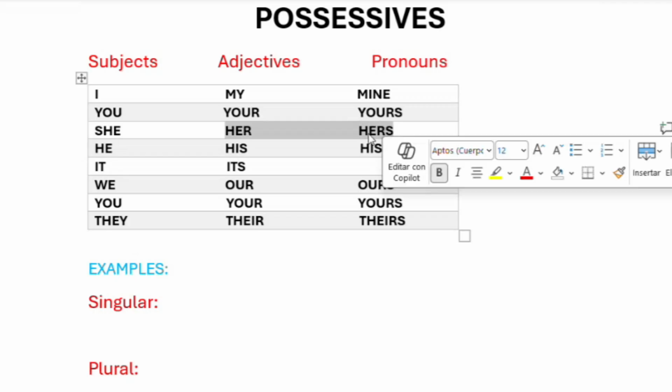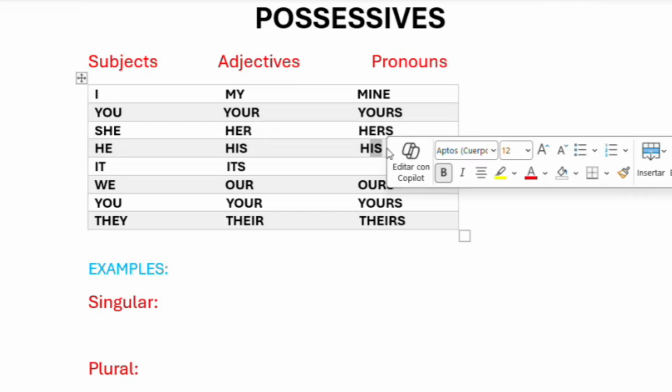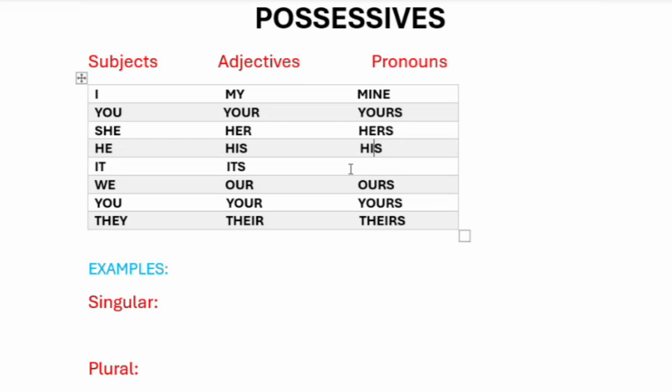And here we have hers. Something belongs to a woman or a girl. Again, use hers to avoid repeating the noun. In this case we have his. His, something belongs to a boy, same form as the adjective, but here it replaces the noun. And then for it, you can see the subject it has a possessive adjective, but the second possessive adjective it doesn't have.